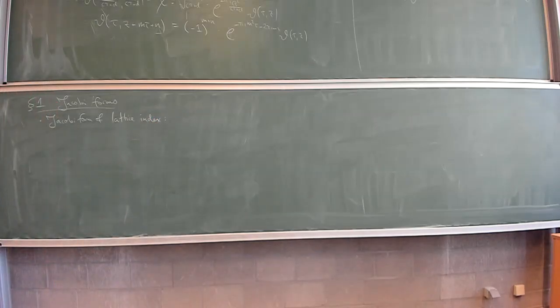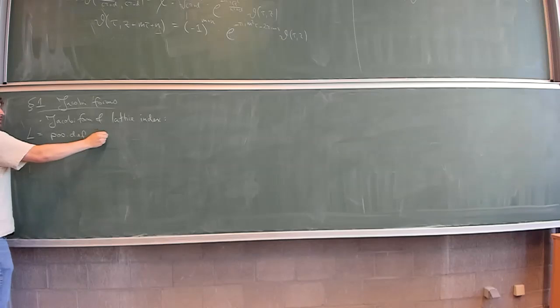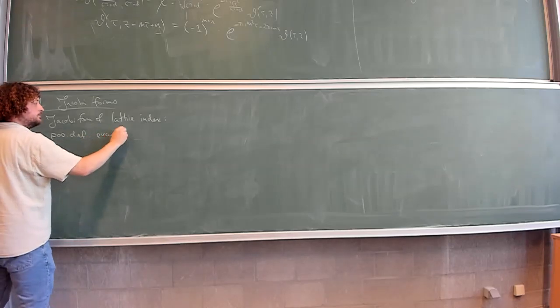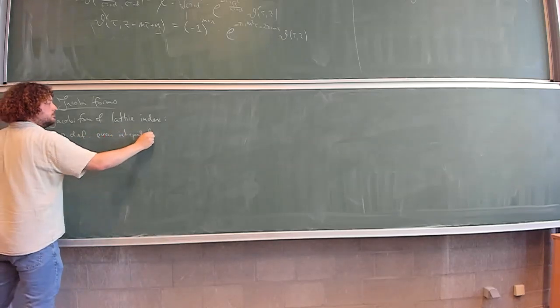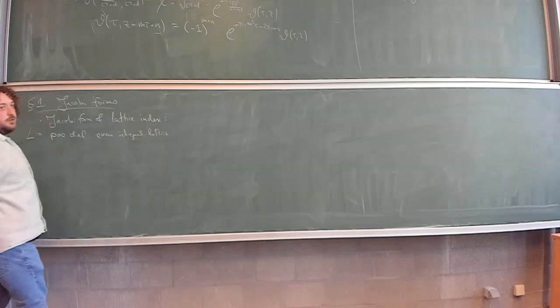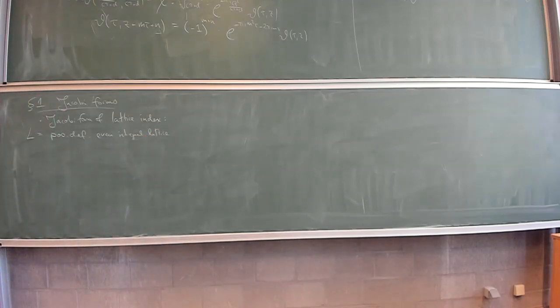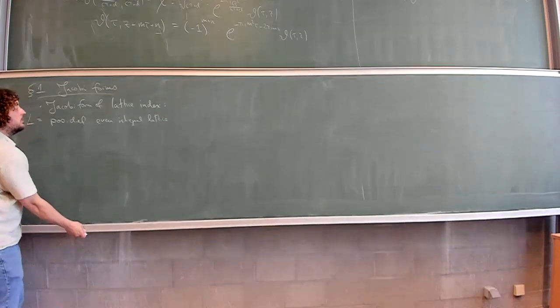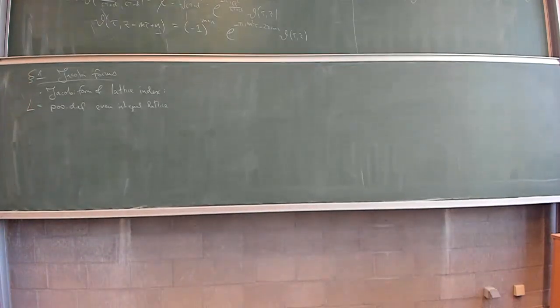For this, I need L to be a positive definite even integral lattice. So it's essentially Z to the m, with some integer-valued bilinear form on it, such that the square of any vector is even.